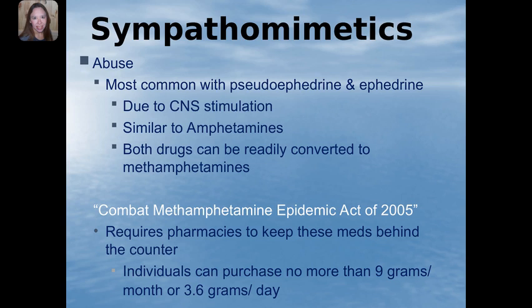So I mentioned that these medications can be purchased over the counter. They used to be readily available. You used to be able to go to any pharmacy and just go right to the shelf and pick up these medications.